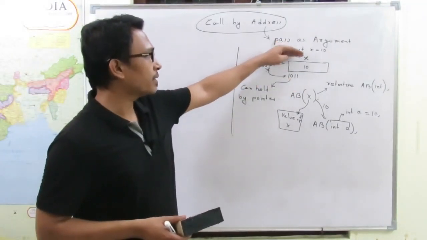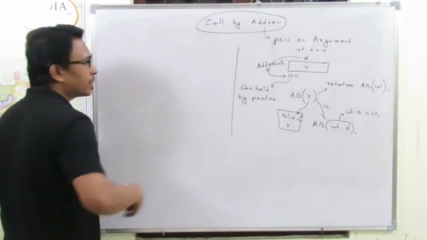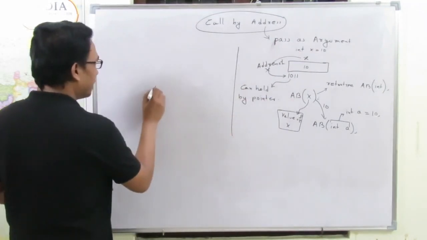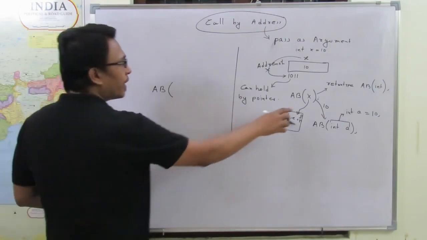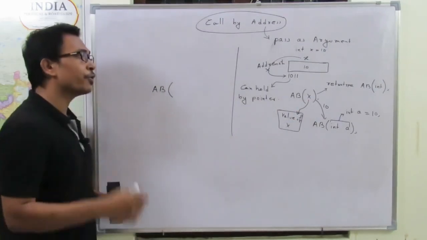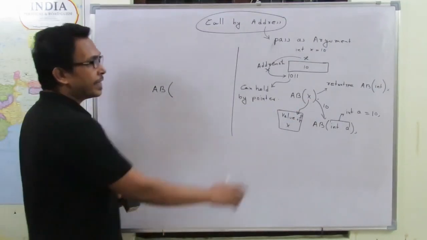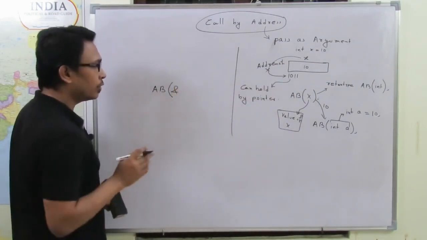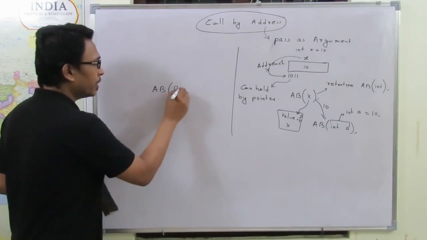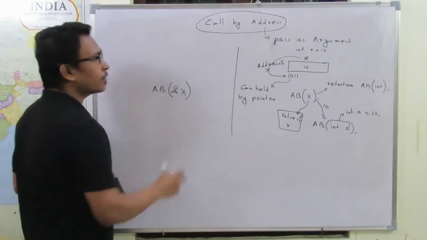Now look how we will pass the address of x. How can we pass the address of x? Again, let's say the function name is ab. Now from this function call we are not going to pass the value of x, we are going to pass the address of x. That means we need to use the address of operator to find the address of x.